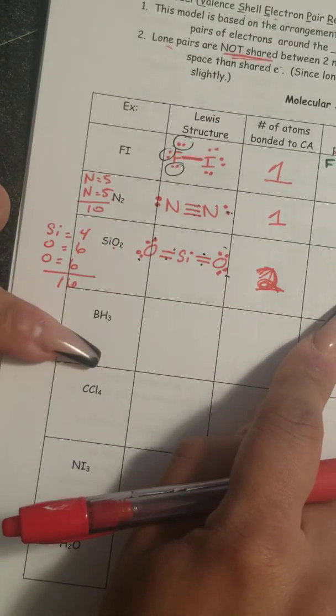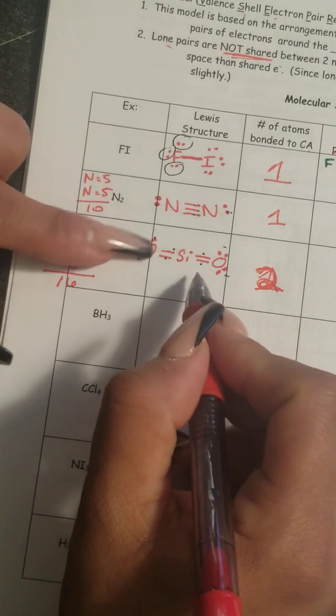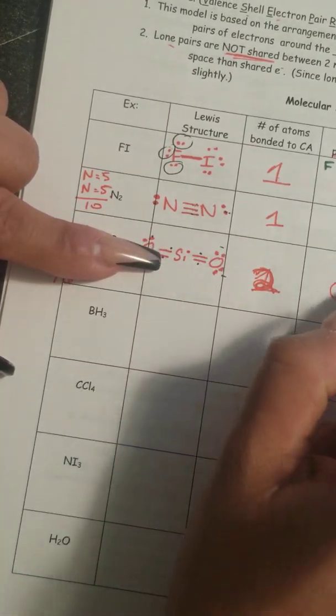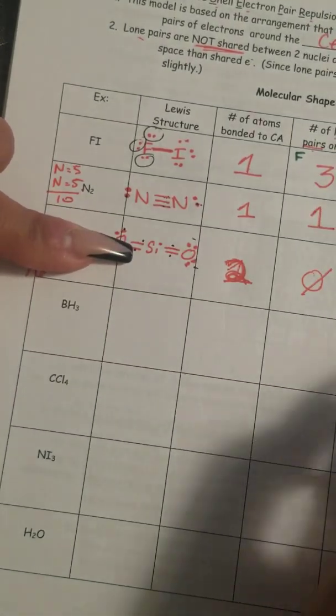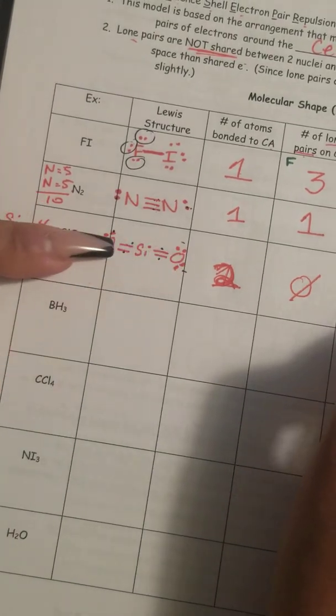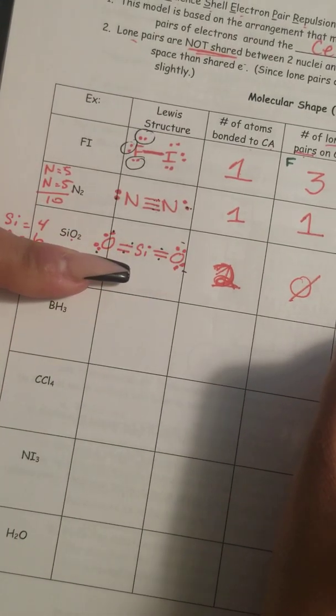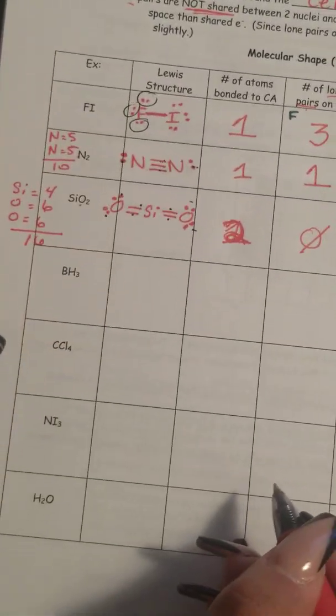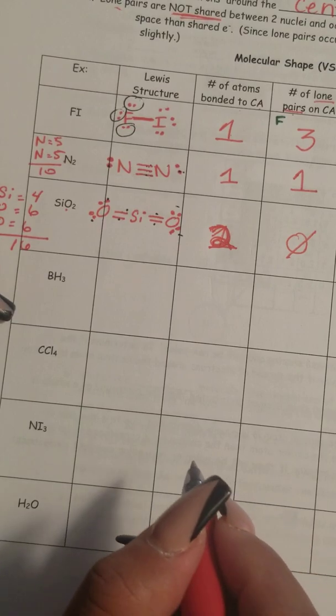Let's look at the number of lone pairs of electrons on the central atom. This central atom has no lone pairs. They're shared, but none by themselves. What kind of shape is this? Well, I can see that this is also linear. It looks like a line, linear, and it's also 180 degrees. They're not all linear, okay?